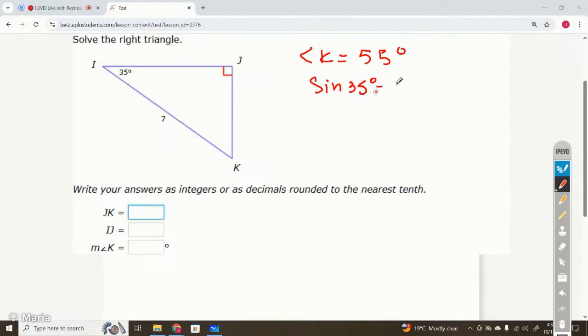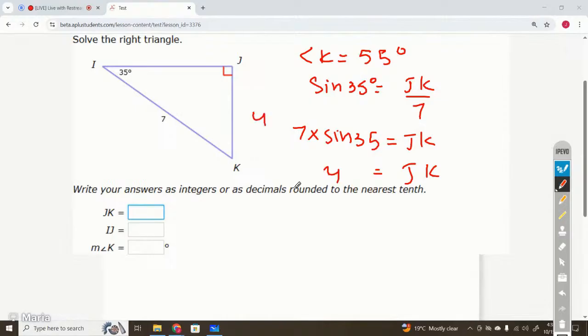Sine 35 degrees equals JK over 7. So JK equals 7 times sine 35. Now sine 35 is 0.573. So 0.573 times 7 is 4.0.